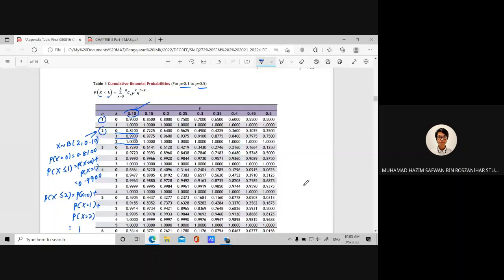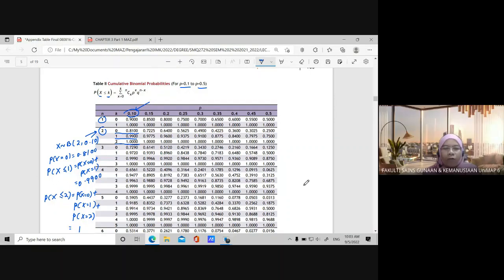Yes. Usually we need to use this table? You are going to need this table because you are not going to be asked to find only the probability of X equal to 2. You may be asked about finding X greater than 2, or X greater than 1 but less than or equal to 5.